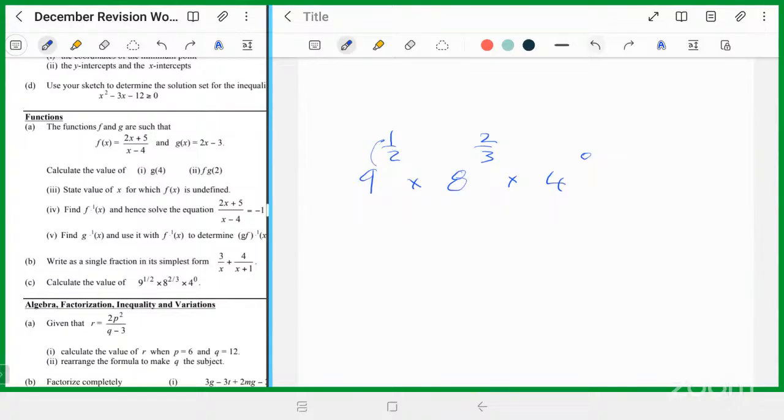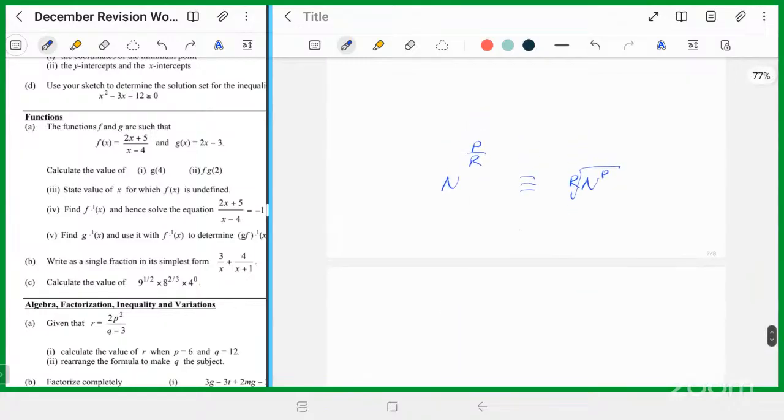When you have a number raised to a power which is a fraction, it is the same as that number raised to the numerator becomes the power, and the denominator of that power is now the root. You can go the other way around, you can do the root first.